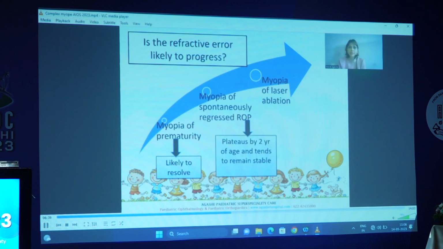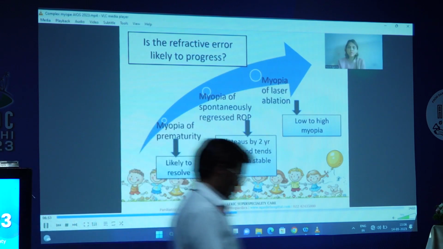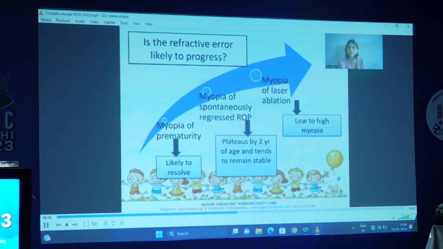Myopia of spontaneously regressed ROP plateaus by 2 years of age and tends to remain stable, while myopia of laser ablation tends to give low to high myopias. Even in this subset of kids, the myopia tends to progress between say around 2 to 4 years of age. Then it tends to stabilize and sometimes can even reduce as the lens thickness and the corneal steepening tend to go down.